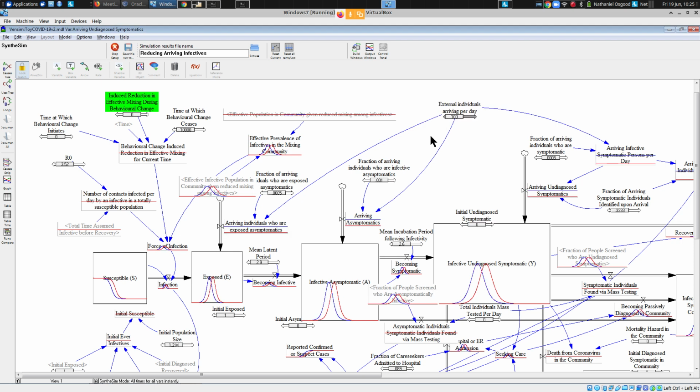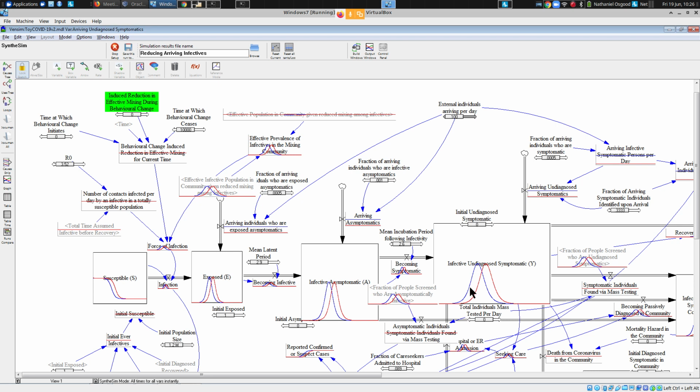And what we see now is a result that's different. The original scenario, the so-called baseline, where we made no changes, was in blue. This alternative scenario, where we reduced arriving infectives, is in red.